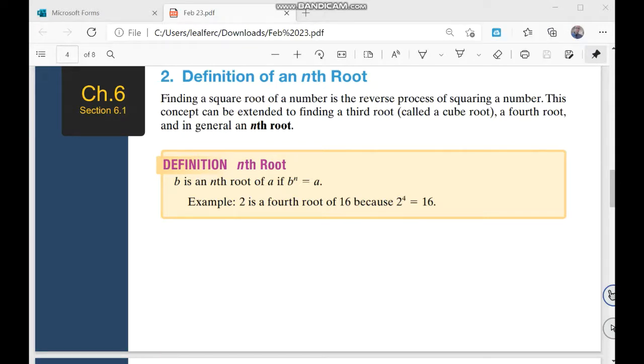And we can now work with any numbers, any non-negative numbers. That means 0 and positive numbers. Okay? Let's check a few examples.